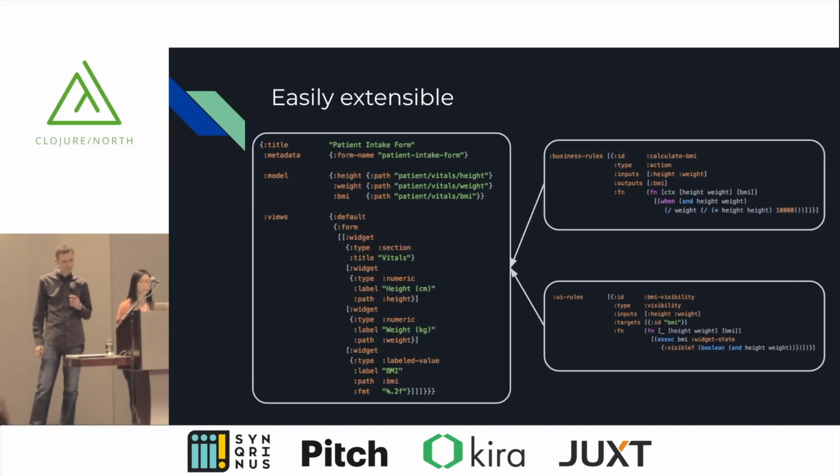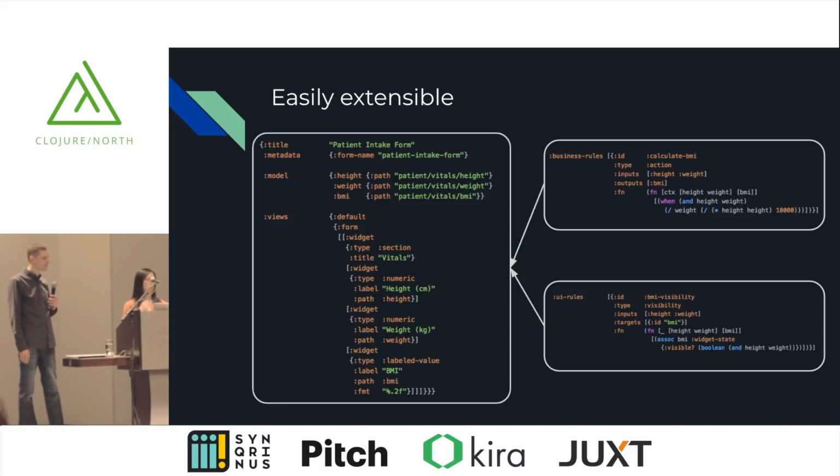I'd also like to add on to that with this kind of append-only approach, we noticed that we typically don't have to change any existing code to accommodate new behaviors. You saw that when I was doing the demo, every time we demonstrated a new feature, I just had to add a new key onto the form definition. And then when we add that new key to the form definition, we write the implementation in code. So we rarely need to go back and refactor when we receive new requirements.